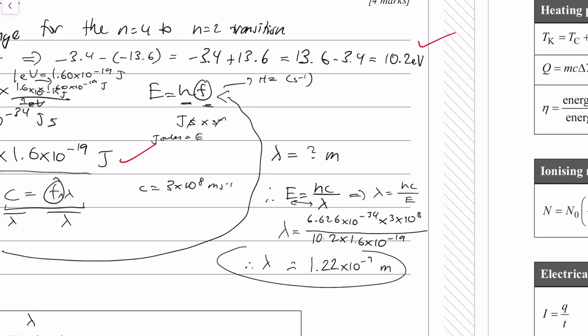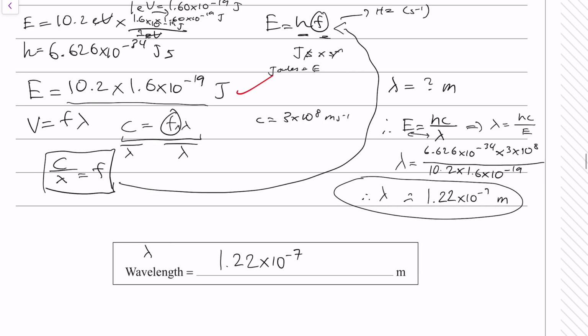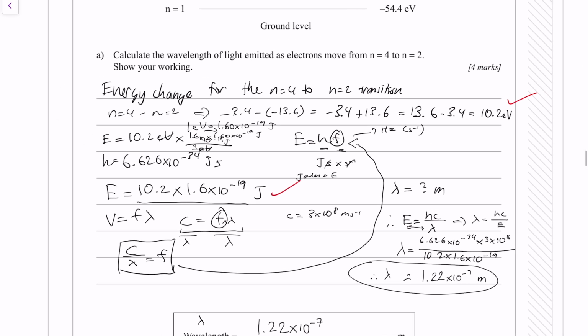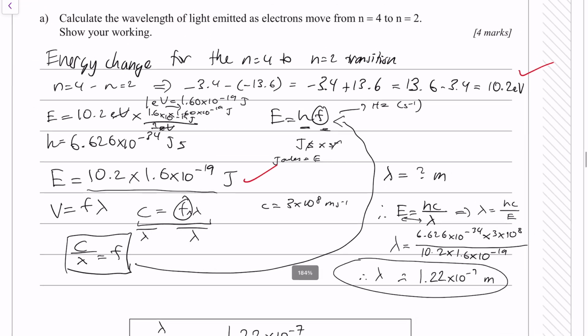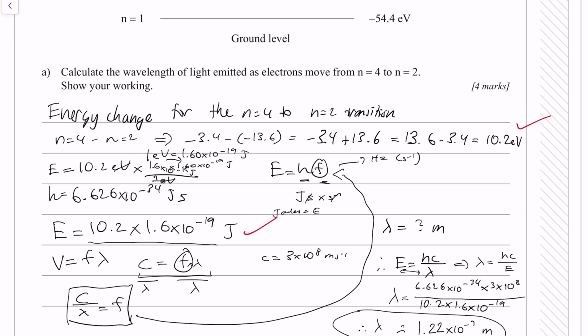Okay. And so you would put that as your answer because it's a really small number, and so we use scientific notation to represent that in meters. Okay. Making sure our units are correct. Our finalized stage, the last of the 5 F's, making sure we have all the working out, all the marks. So that was really 4 marks.